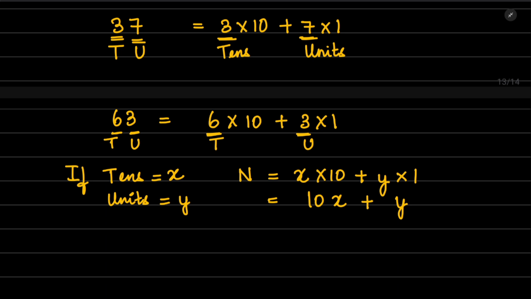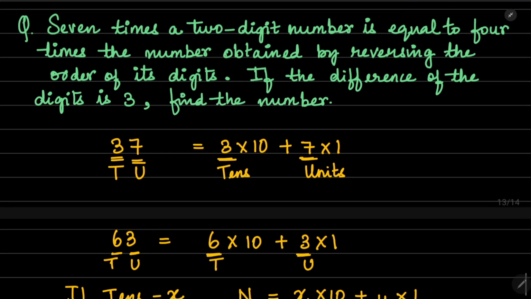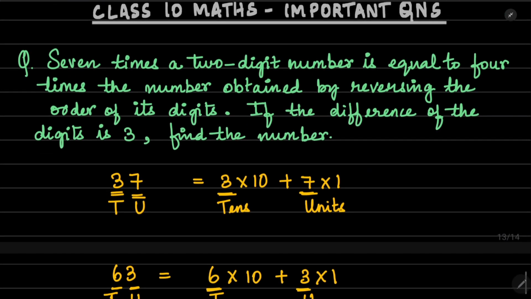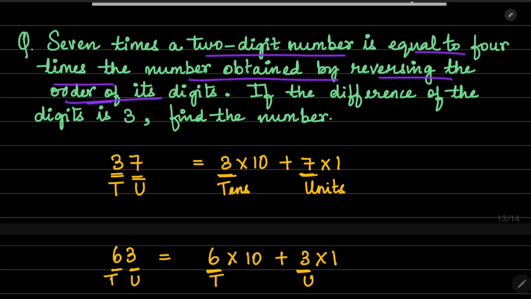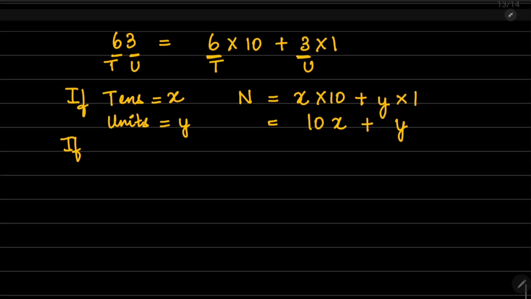Now, if you're reversing the order, you have mentioned that the 2-digit number is equal to 4 times the number obtained by reversing the order. So what do you mean by reversing the order of the digits? Suppose your units place is x and your tens is y.